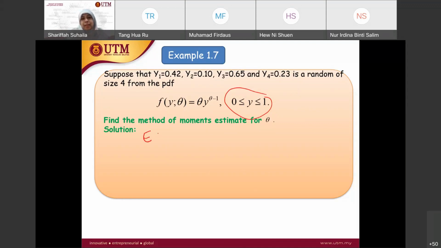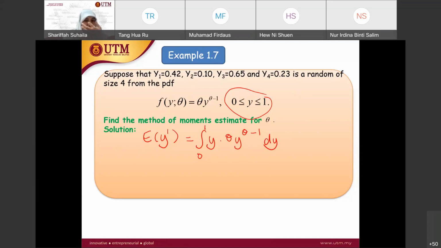Okay, here you will have, kita integrate y, darabkan dengan dia punya density, which is theta y to the power theta minus 1 dy. So check your range is from 0 up to 1. Okay, selesaikan macam biasa.